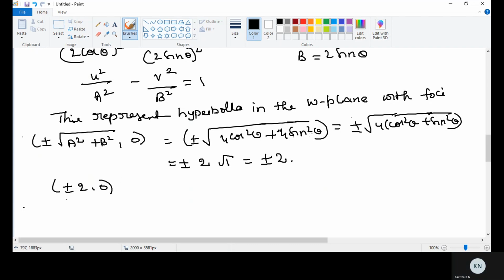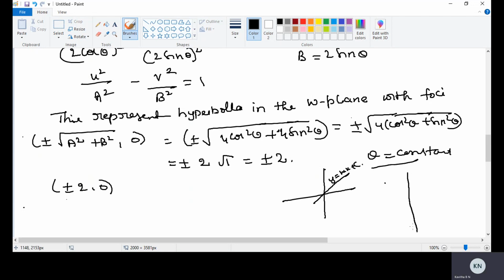If theta is a constant, in the z plane it is a straight line passing through the origin. In the W plane it is a hyperbola, with foci plus or minus 2 comma 0.